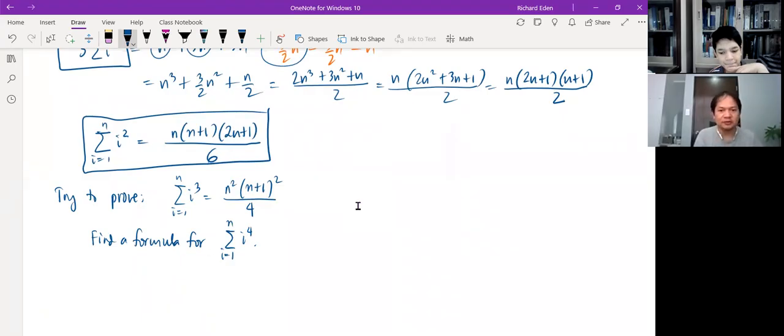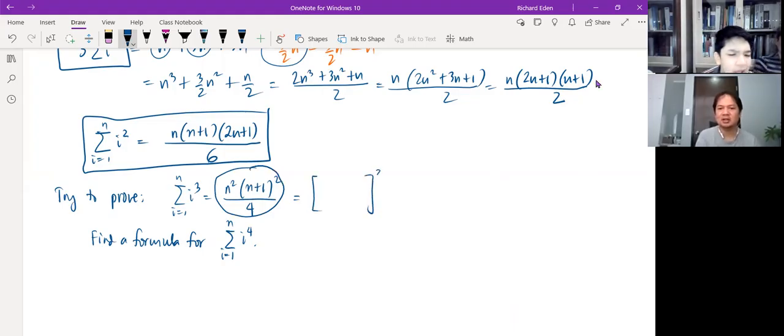For the sum of the first n cubes, I'd like to point out that this is a nice squared quantity. It's the square of something.